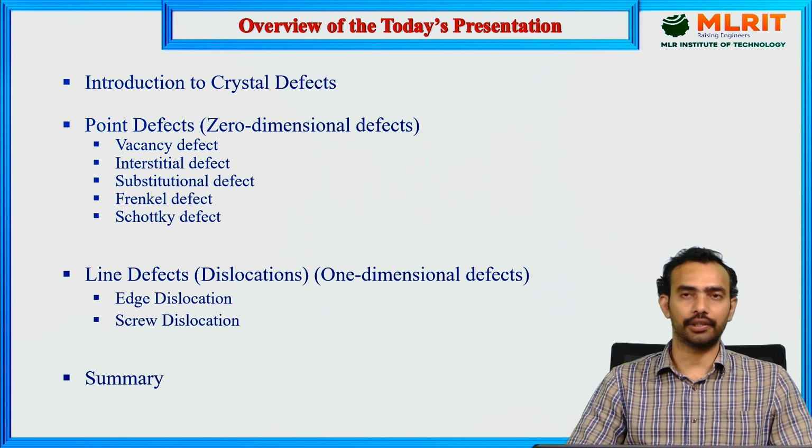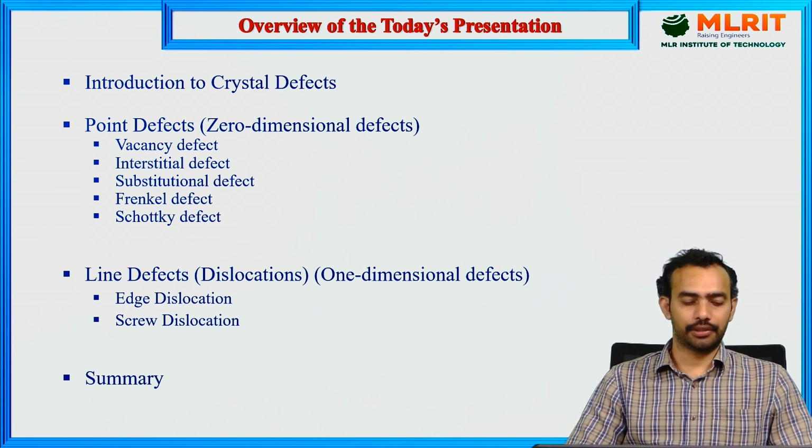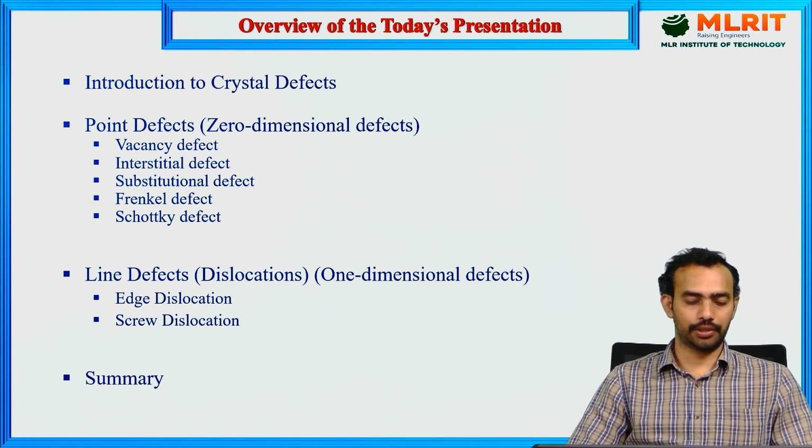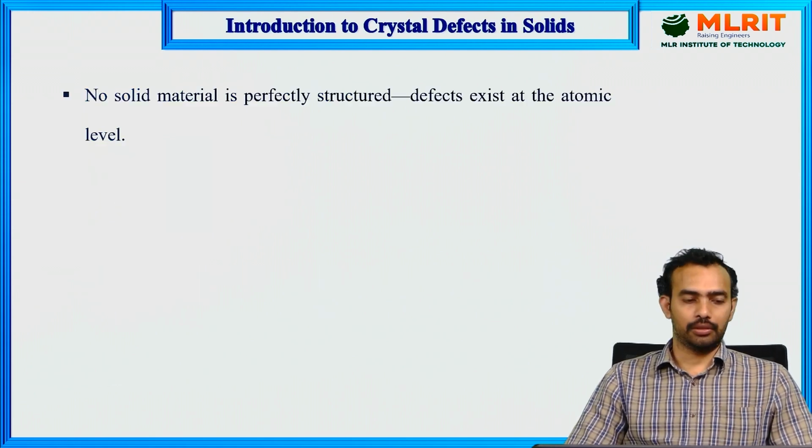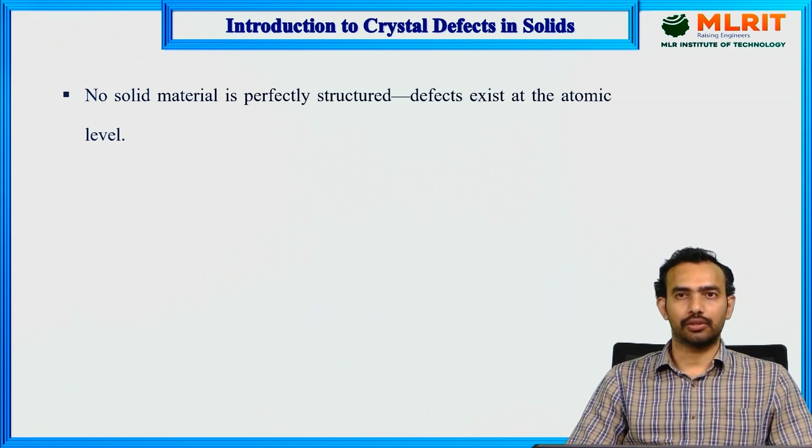Under point defects, we will discuss vacancy defect, interstitial, substitutional, Frenkel and Schottky defects. Then in line defects, we will discuss dislocations mainly, the edge and screw dislocations, and finally we will summarize.